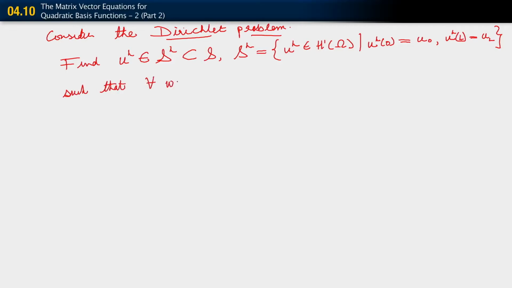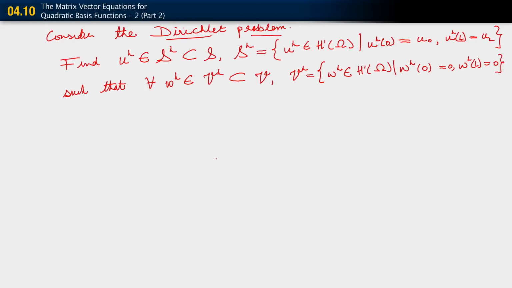for all w^h belonging to V^h, for all w^h belonging to V^h, a subset of V, where V^h equals the collection of weighting functions belonging to H1 on omega, such that w^h at 0 equals 0 and w^h at L also equals 0.